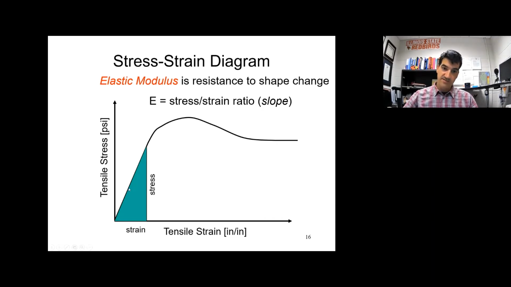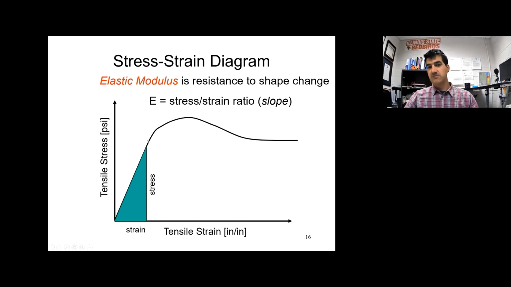So this right here up to here and then going down and coming across, this is a stress strain curve. And again, we're going to talk more about this in about a month. But what we're going to say is that there's always going to be a linear region of the stress strain curve.